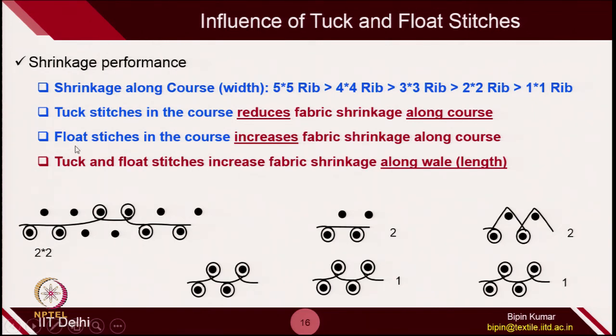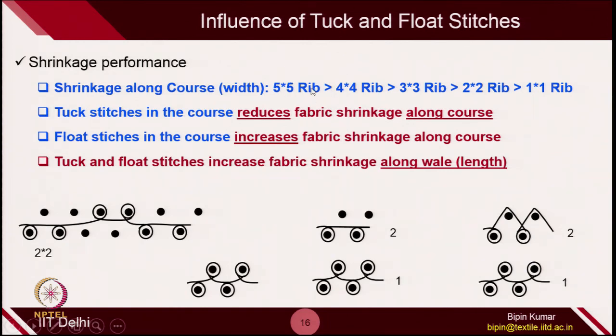In case of float, you will observe a little bit of shrinkage along course direction, but not that significant. But naturally when you have tuck and float stitches in a course, it will result in fabric shrinkage along length direction.